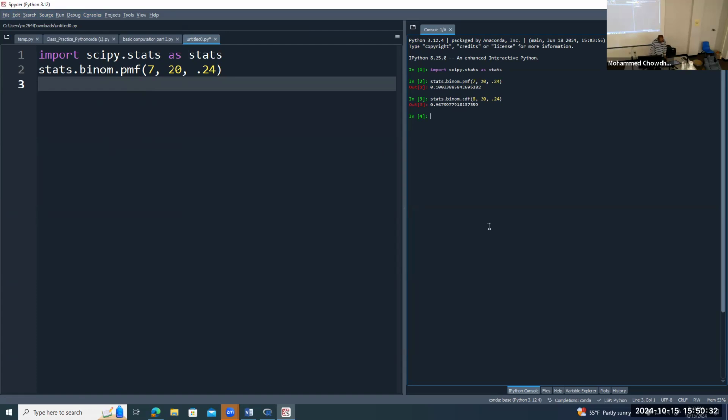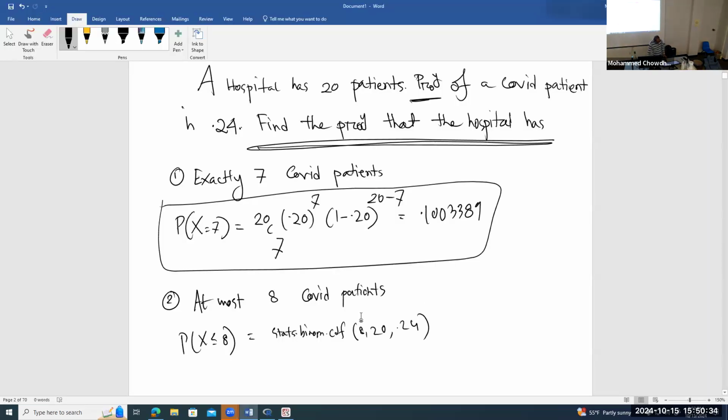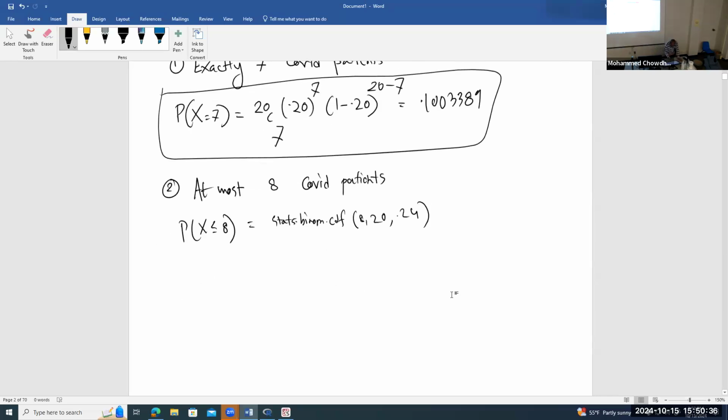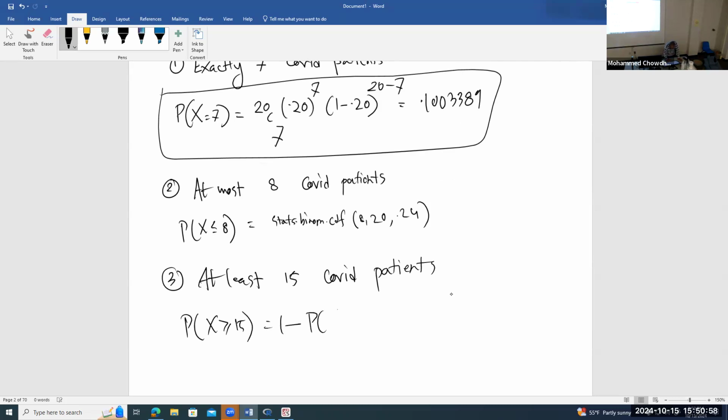Now let me do number 3. At least 15 COVID patients means X greater than or equal to 15, right? Which could be written as 1 minus probability of X less than or equal to 14. Do you understand these things?